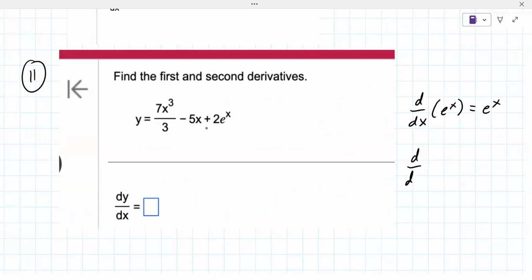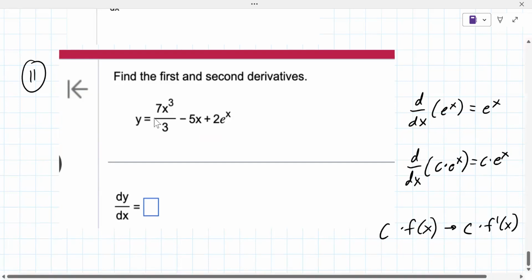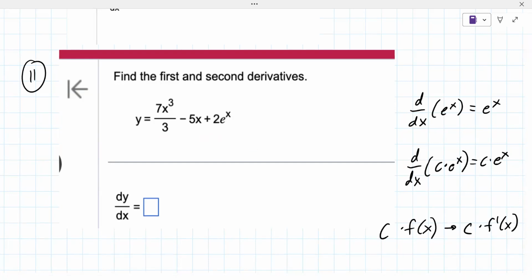One is d/dx of constant times e to the x is constant times e to the x. Or more generally, for a constant times a function, the derivative is the constant times f prime of x. Why don't you give this a try and let me know what you come up with, please.